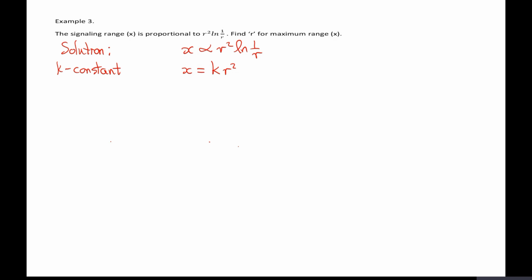Now, look what I'm going to do. To make things a lot easier, ln r to the minus 1. So I get x is equal to negative k r squared ln of r. Do you recall? That's right, your log rules.